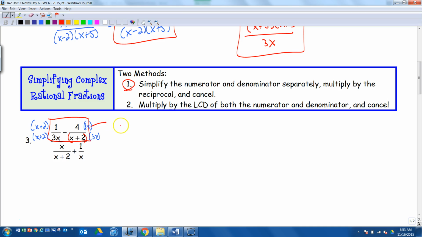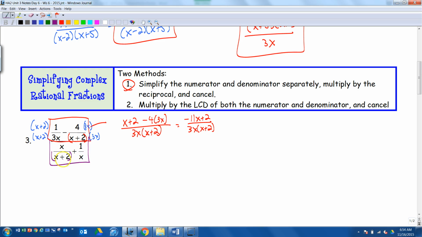Okay, so what this becomes is we get an x plus 2 on top minus 4 times 3x over 3x times x plus 2. And if you simplify that further, that's a minus 12 plus 1 is negative 11x plus 2 over 3x times x plus 2. So that's the numerator.